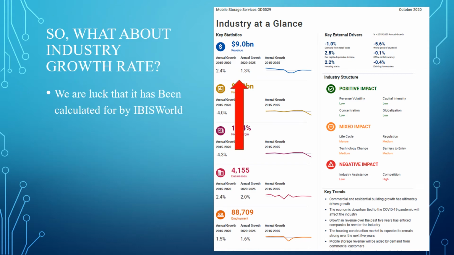So what about the industry growth rate? Well, we're in luck again because this has also been calculated by IBISWorld. And you'll notice here that we have two calculations. One is the annual growth rate for the past 5 years, and the other is the annual growth rate going forward for 5 years.